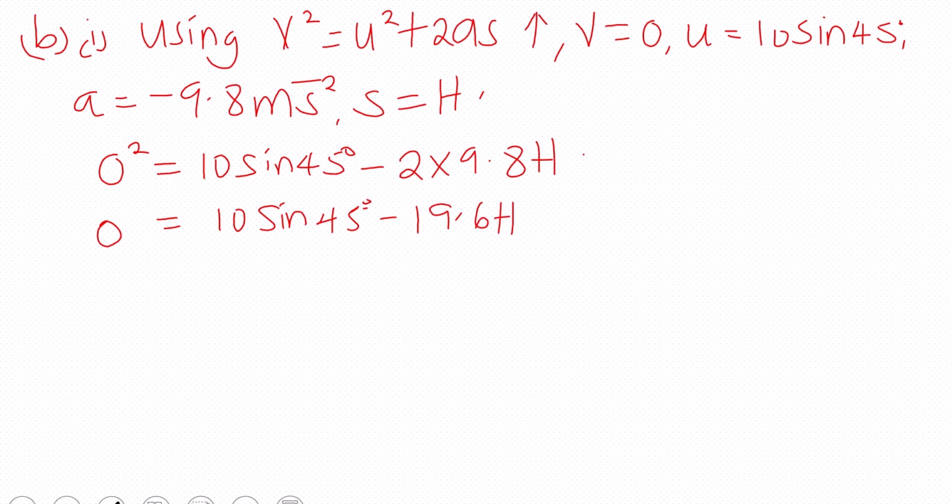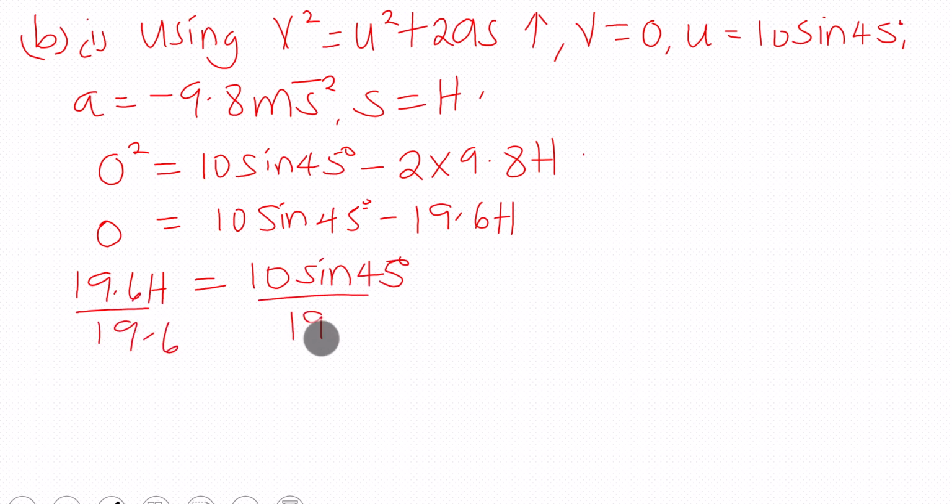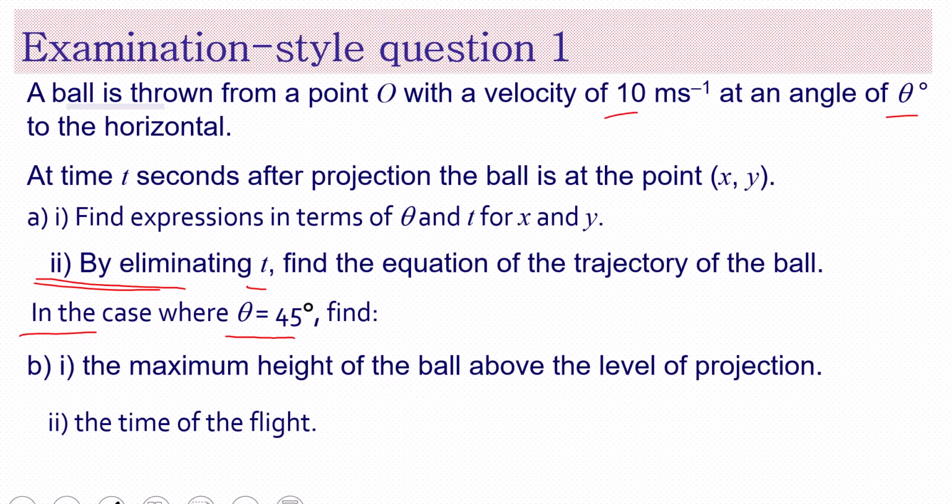If we bring 19.6 this side, we shall have 19.6 h equaling 10 sine of 45 degrees, divided by 19.6 by 19.6. We shall have our h equaling 2.55 meters. So that is the maximum height. Then the last part wants us to calculate the time of flight.